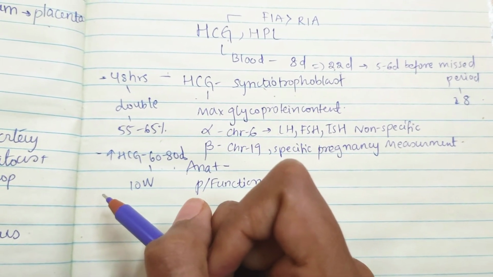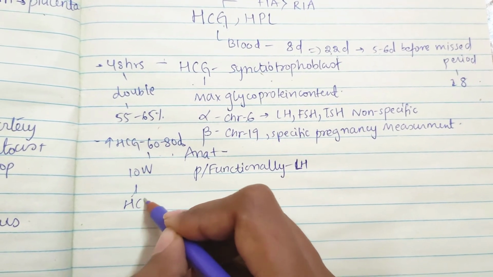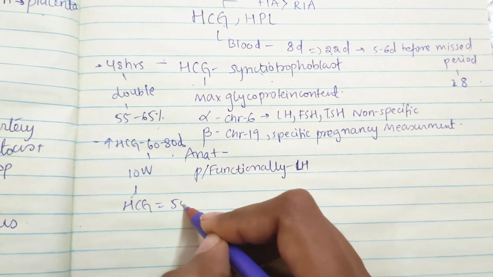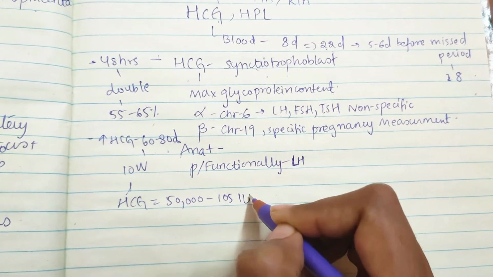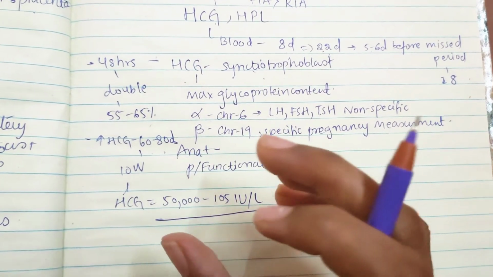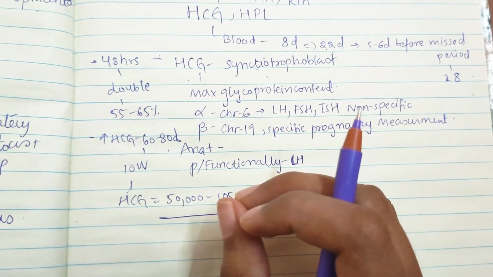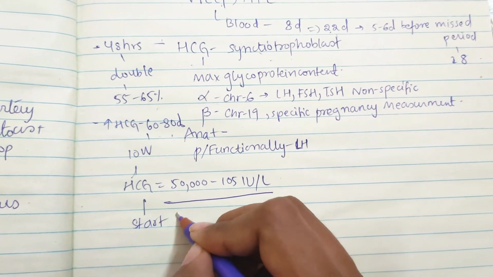The value of HCG will be about 50,000, equal to 10^5 IU/L. This will be the maximum value, and HCG will start to decrease after the 10th week.